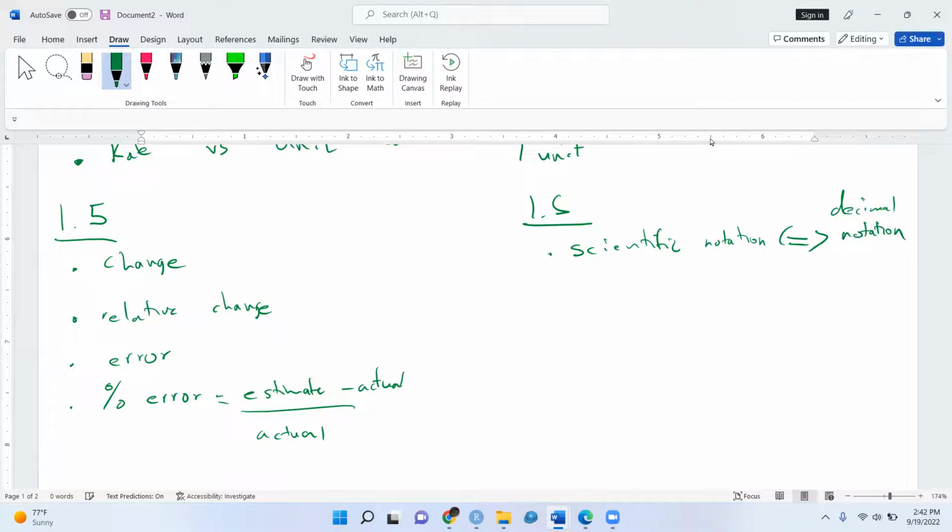And then calculations with them, how to calculate and write them out.